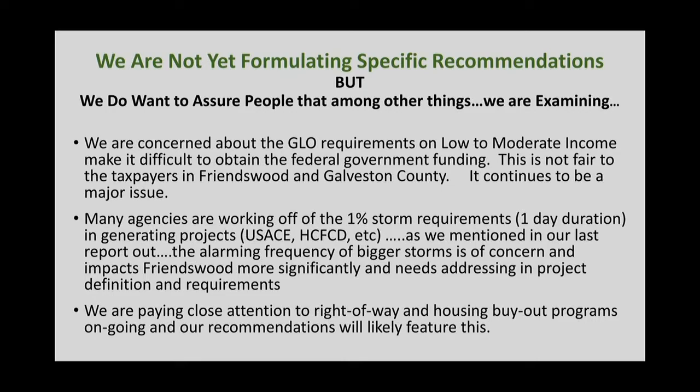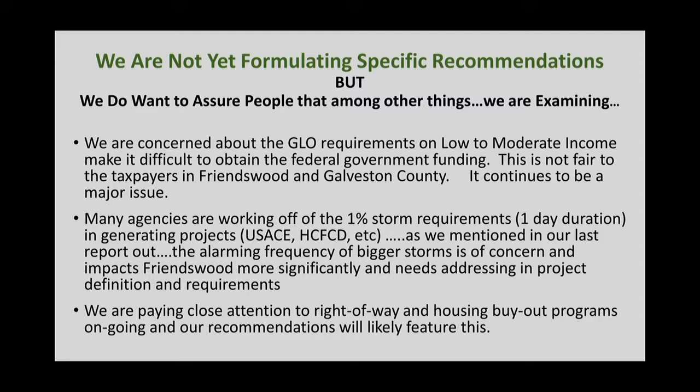We just want to go over, and we talked about it in the last meeting, and I heard it again. You know, we're the LMI. We're seeing that issue. It's common in the GLO requirements when it relates to that. We understand also, and we want to make sure everybody is aware of it, that many of the things being done upstream and all of the other things that are quote unquote good for the community and the environment and the areas dealing with flooding, all of this work is based on typically a 1% model.